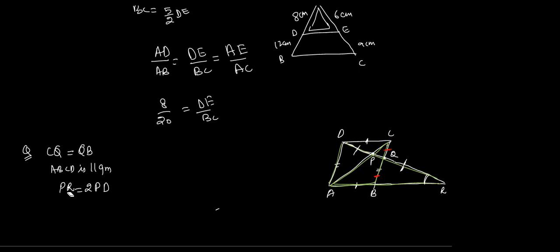So you need to prove that PR is equals to 2PD. PR is equals to twice of PD. And it is being given in the question that, क्या given है? बस इतना ही given है.